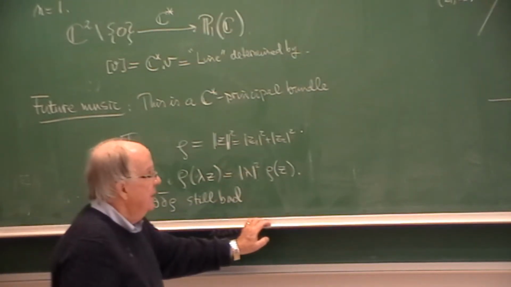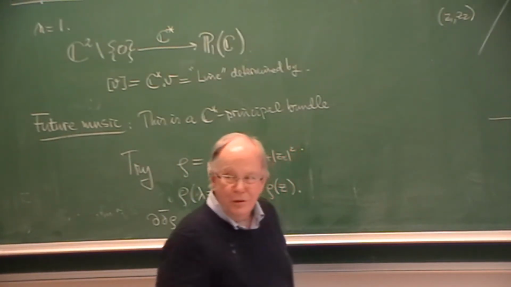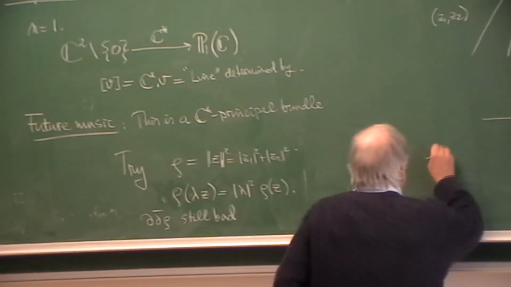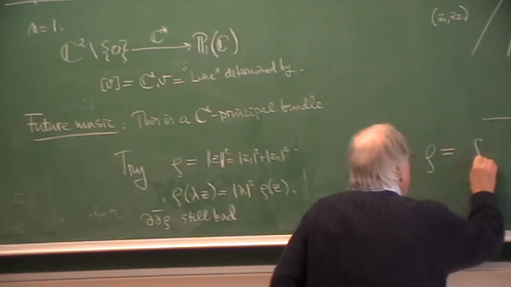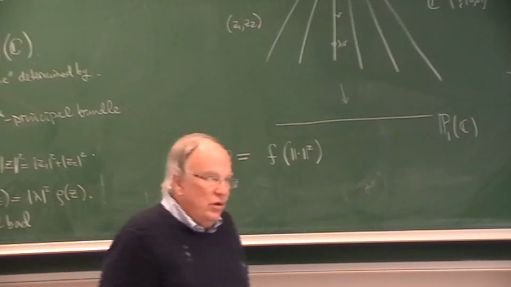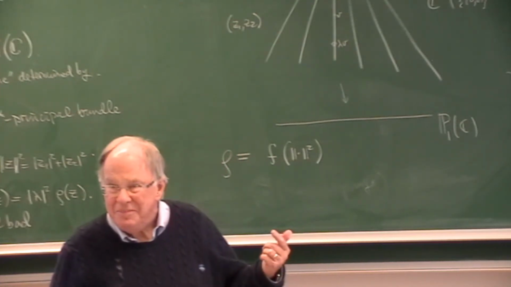And it doesn't take very long to realize there's only one thing to do here. Let rho be some sort of function of the norm, so that when you take dd bar of that function, it's periodic.